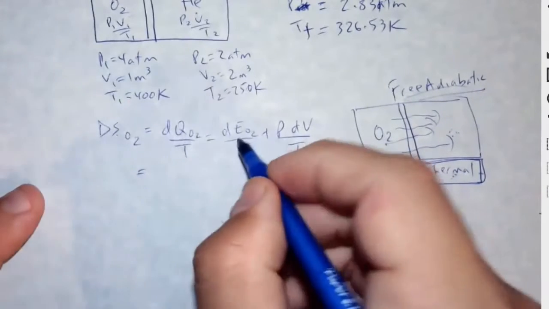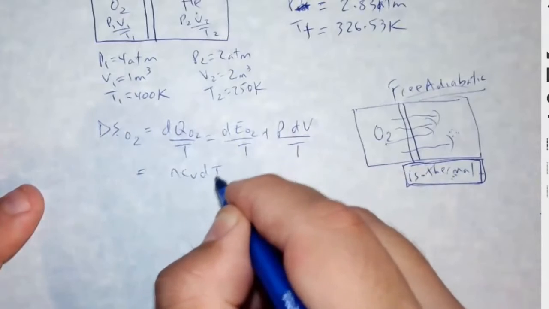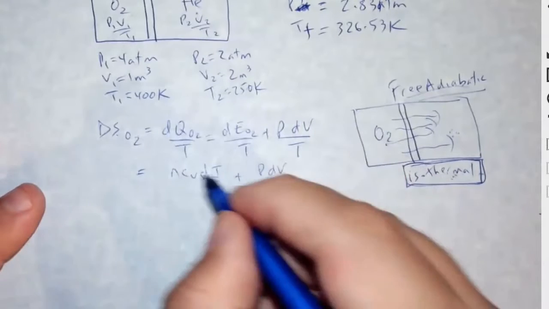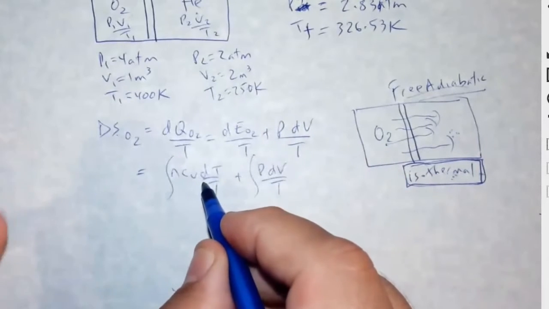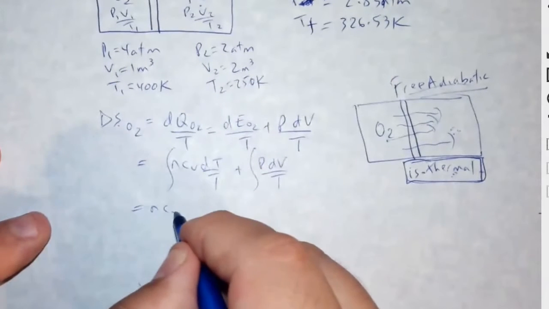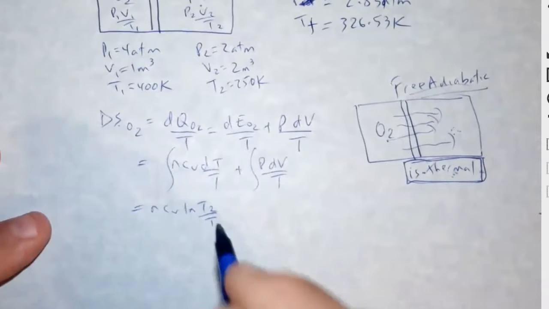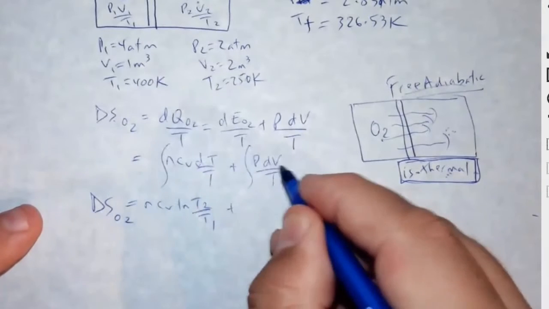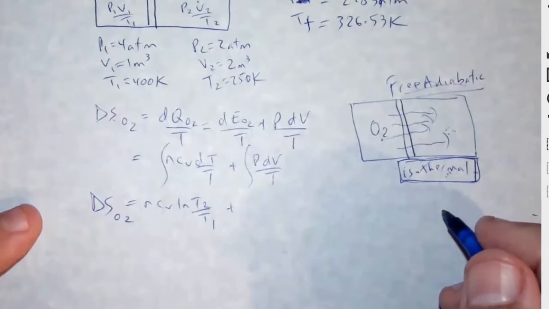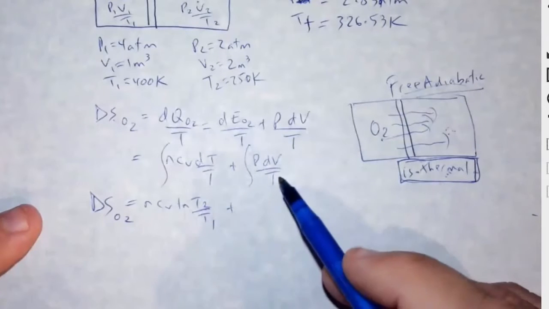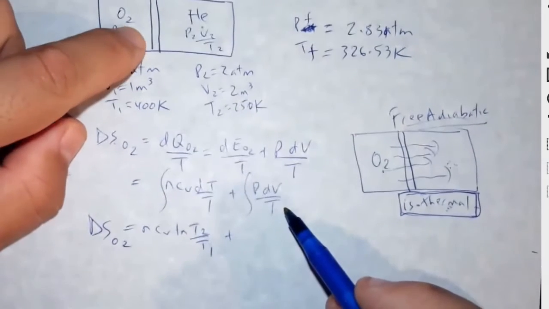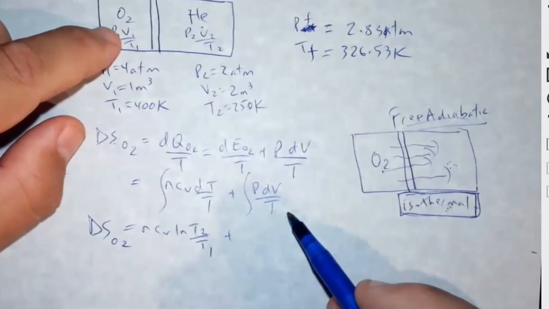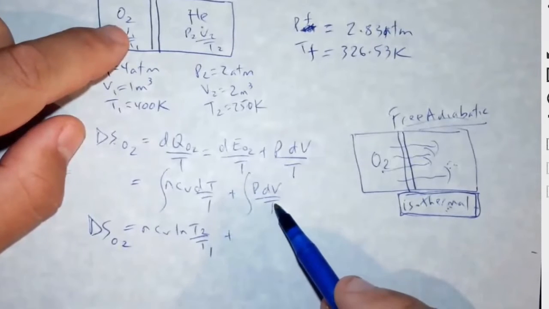So this is going to be nCv dT over T plus PdV over T. When I integrate the first one, that is nCv ln of T2 over T1, delta S of the oxygen, plus PdV over T. As it's going this way, neither the oxygen's pressure nor its temperature is constant.